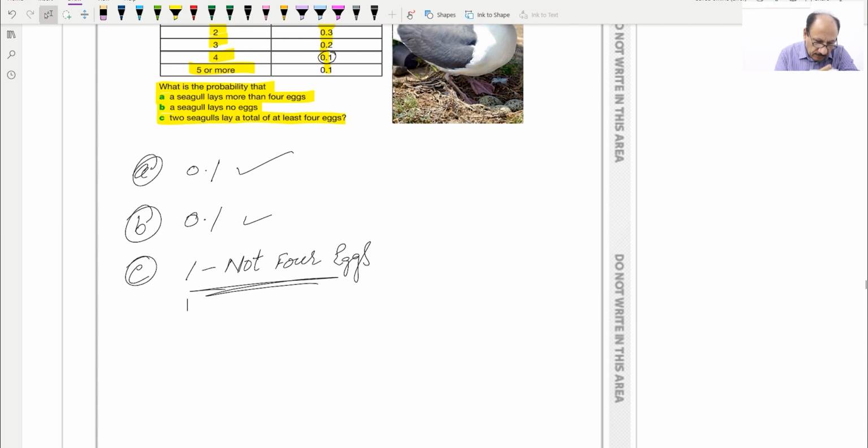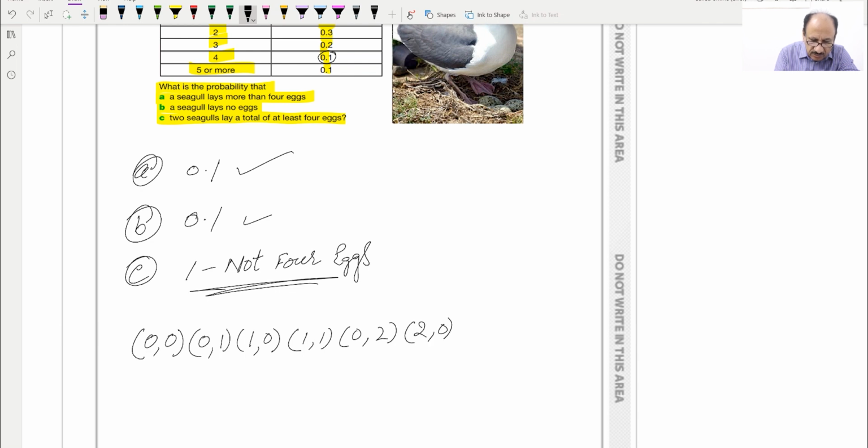Now the not 4 eggs options can be: both are 0, no egg for the first, no egg for the second. And the next can be first one is 0, second one 1. Or next can be 1 and 0, the opposite of this. And next will be 1 and 1, and 0 and 2, and 2 and 0.